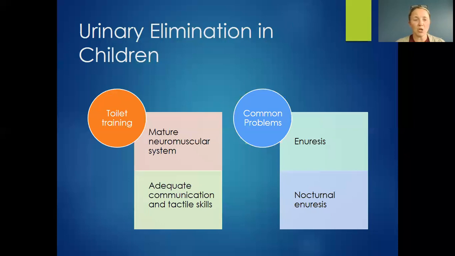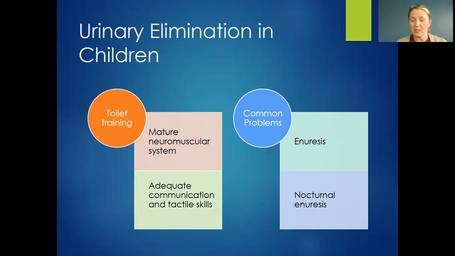So let's talk about urinary elimination in children. Toilet training is influenced by lots of different things, family and cultural norms. If you have older children, sometimes it can influence younger siblings. They may potty train a little bit sooner because that's what the norm is in the family.